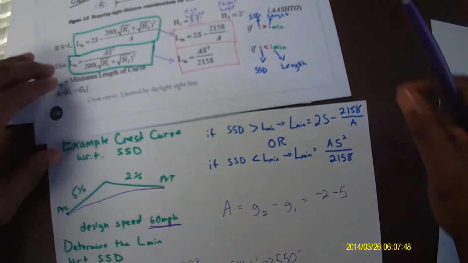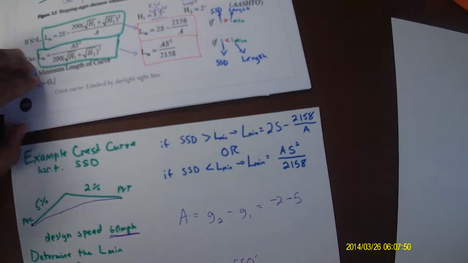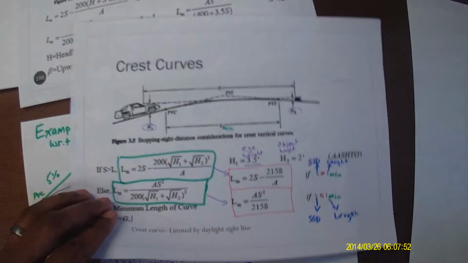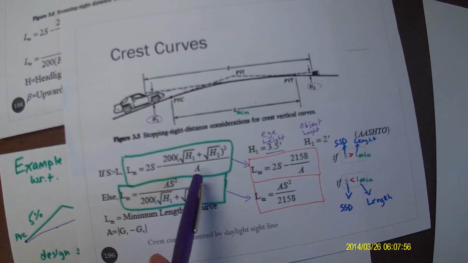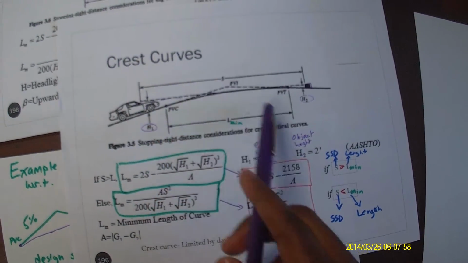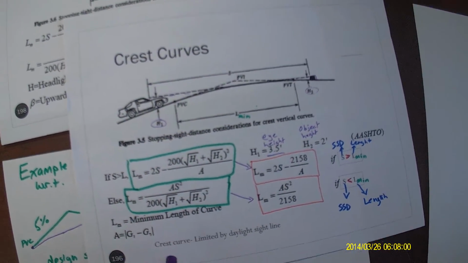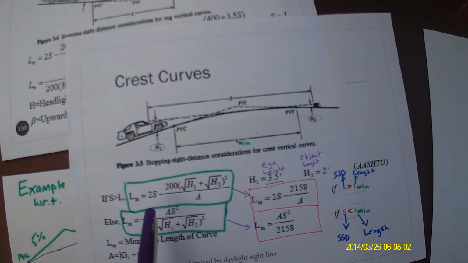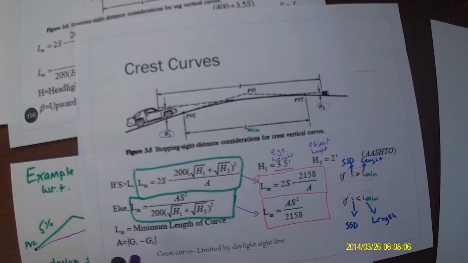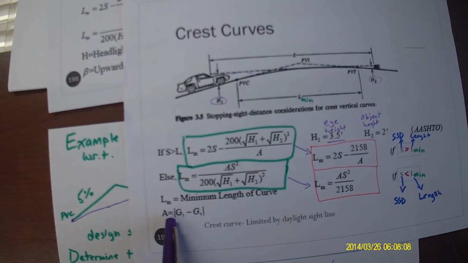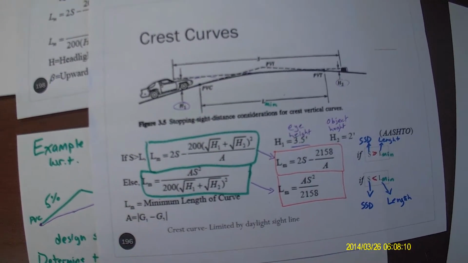Now, I don't know if you noticed this on the last slide, but when we're figuring out the minimum length with respect to stopping sight distance, and we're on a crest or sag curve, this algebraic difference needs to be a positive number.